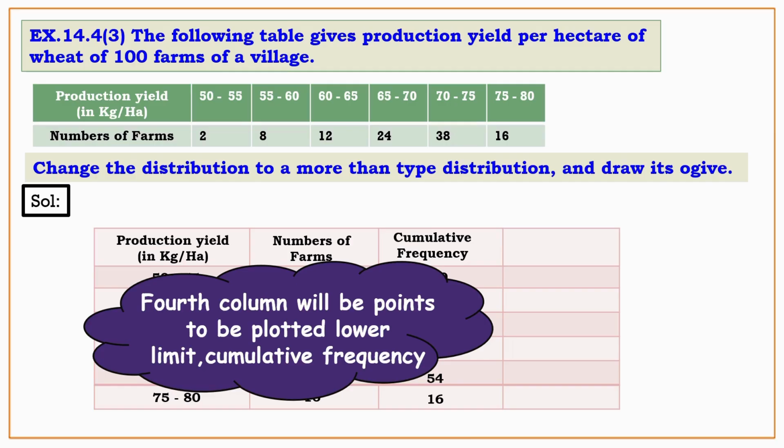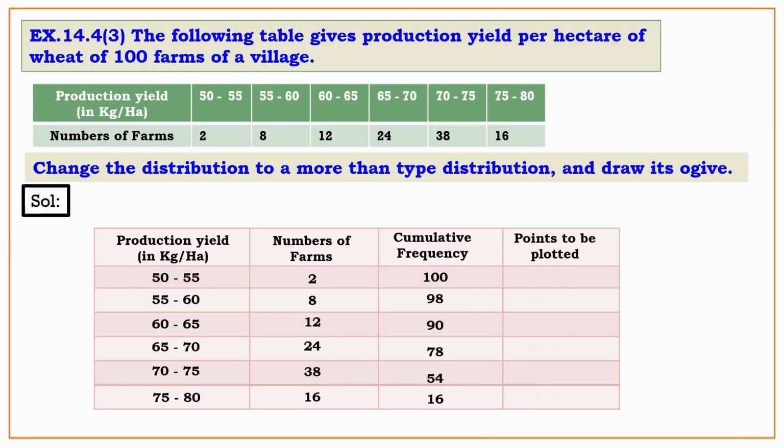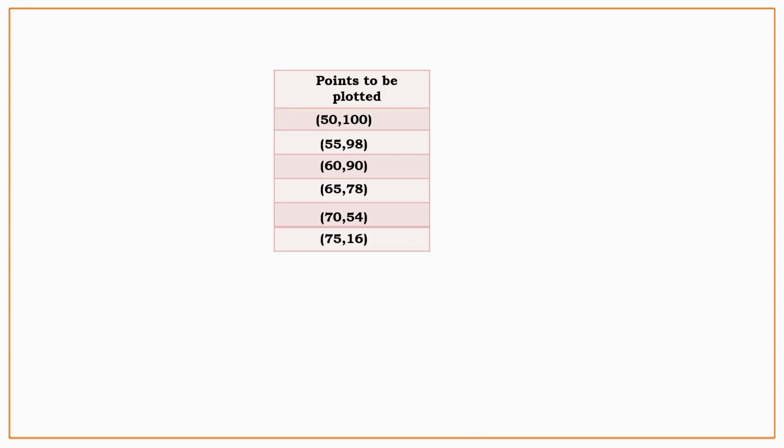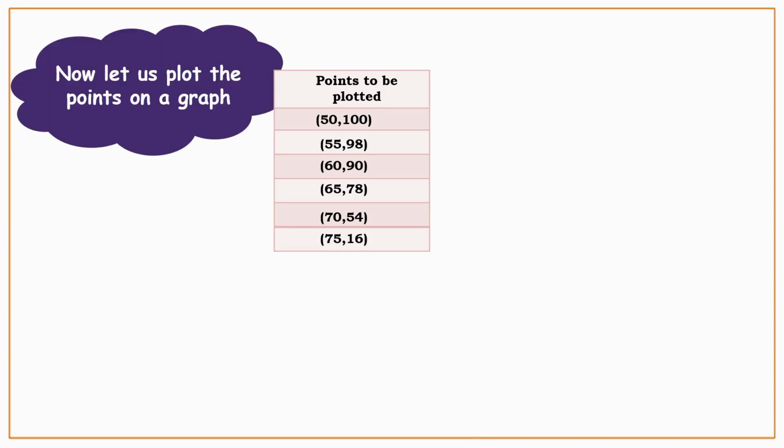But in this case, we will take the lower limit as the x coordinate. So the points to be plotted will be 50, 100. You can see that 50 is the lower limit in this class interval. In this way we fill the whole column. Now we know the points to be plotted.